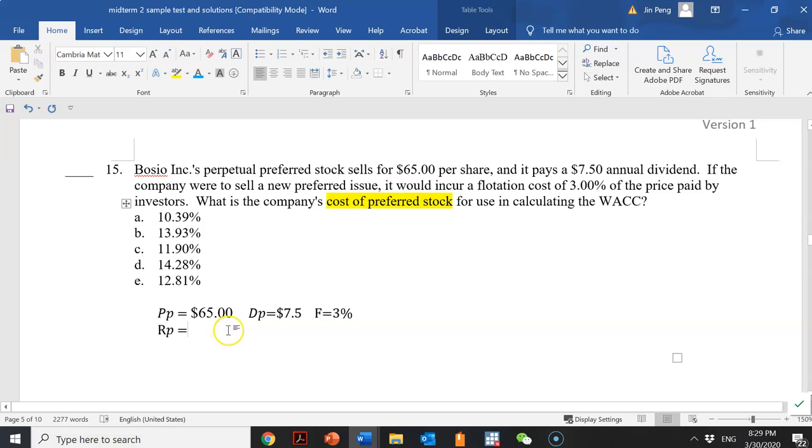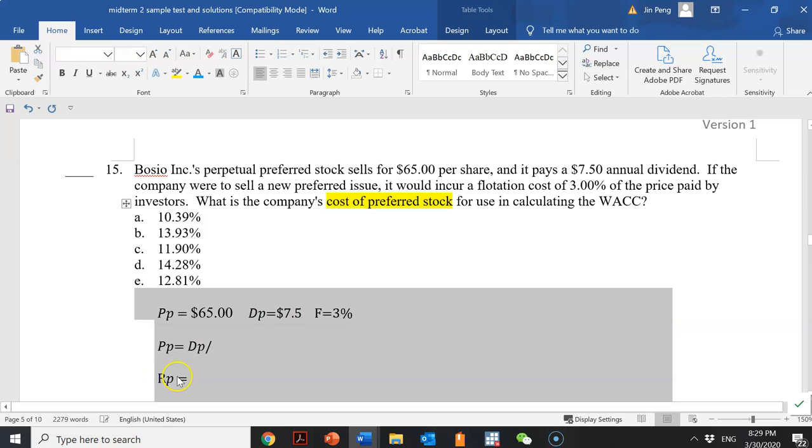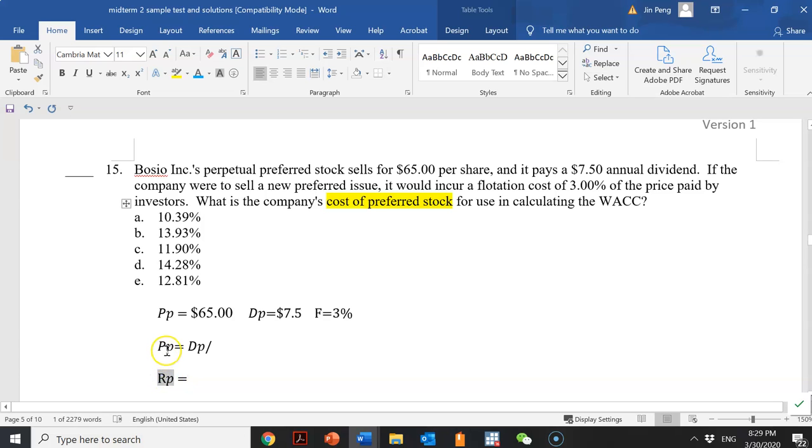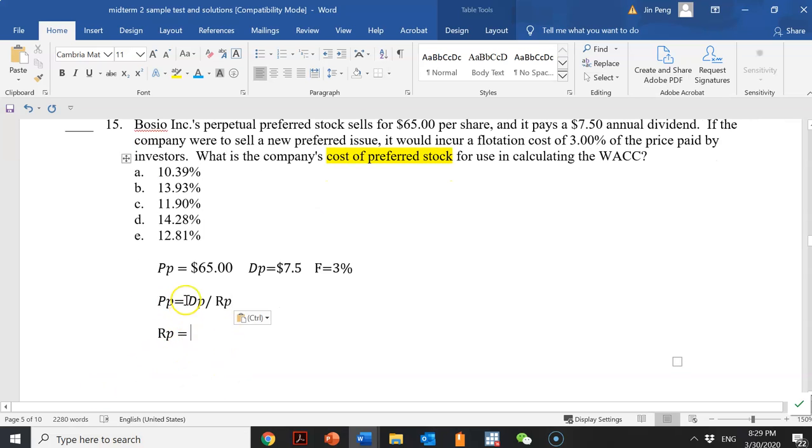Return of the preferred stock equals, remember our original model, because our preferred stock price equals DP over RP, right? The present value of this perpetuity equals the payment, DP over RP. So RP becomes DP over PP for regular preferred stock. But here, preferred stock is a new issue.